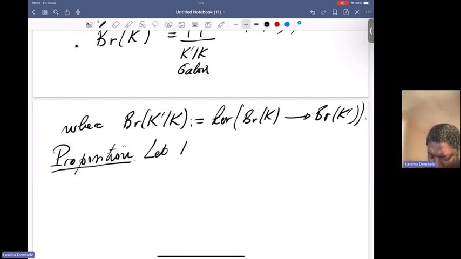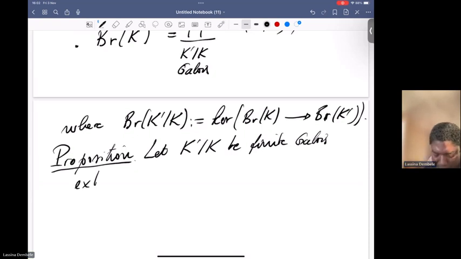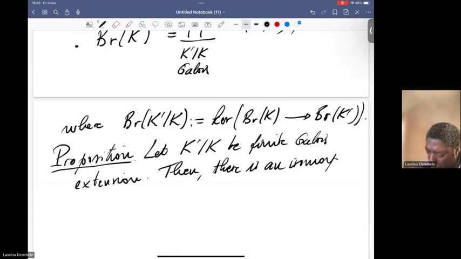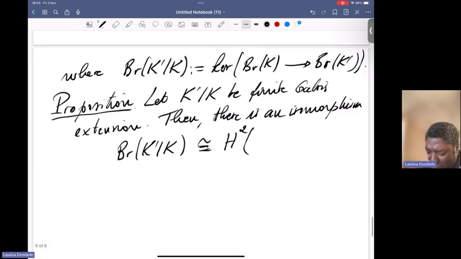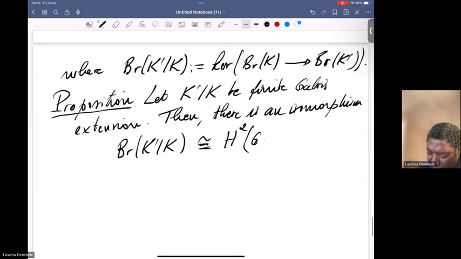It says that if K prime over K is a Galois extension, then there is an isomorphism between the Brauer group of this finite extension and the degree 2 cohomology group of the Galois group of K prime over K with coefficients in the unit group.